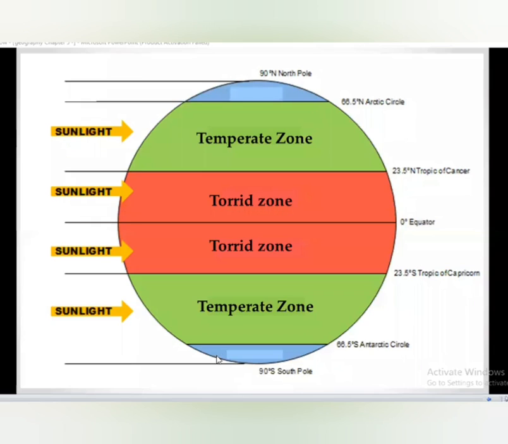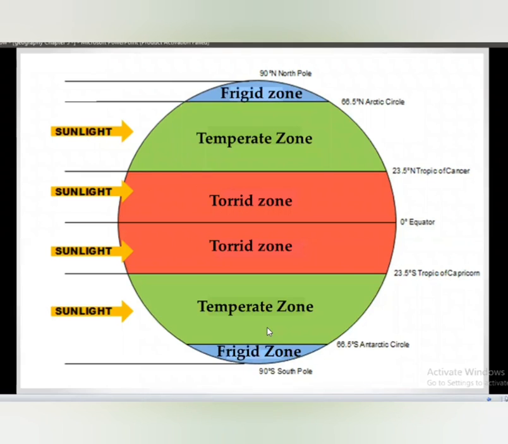The sun rays or the heat received is very low. So, ice is formed in this region, and because of it, these regions are known as frigid zone.